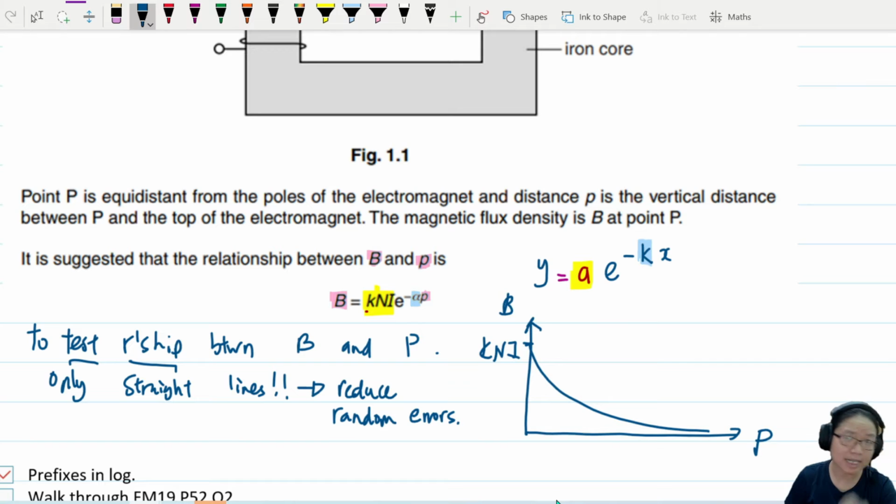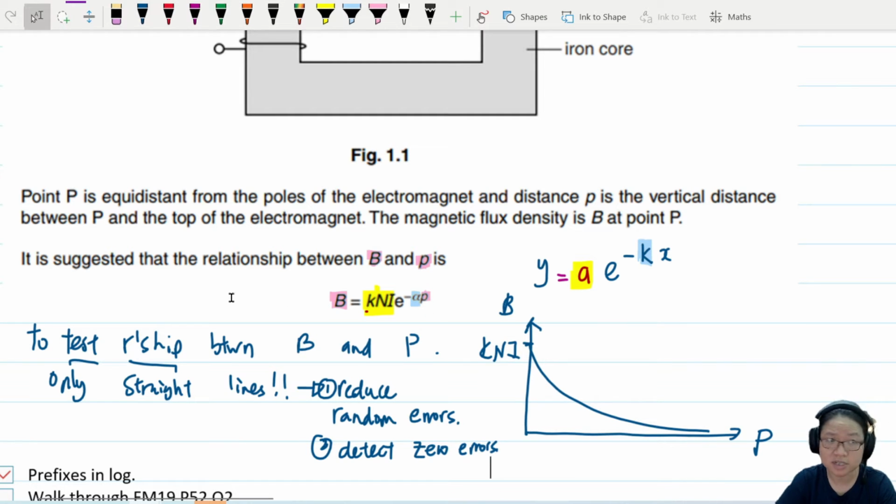We can also detect zero error, because for example, if I'm not supposed to have a y-intercept, but I have a y-intercept, then this means that there's zero error. Maybe I need to calibrate or adjust my setup a bit. So this is the why. If you're watching this video, this is a deep dive. Whenever you are forced to do something, you may be asking why.